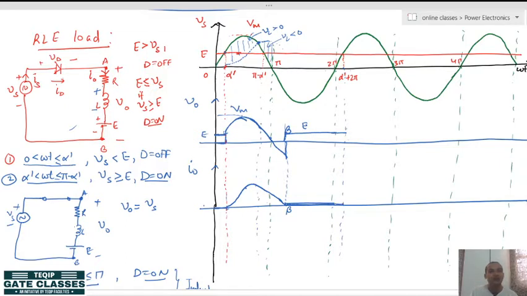And what is happening again at alpha dash plus 2 pi? The diode is turned on and this circuit is applicable. So when this circuit is applicable, the output voltage will follow the source voltage, and the load current rises. Since the inductor is sufficiently large, till the time the inductor does not discharge fully, the diode will remain on. Please note that this load current is not a sine wave, this is an exponential plus sinusoidal waveform.